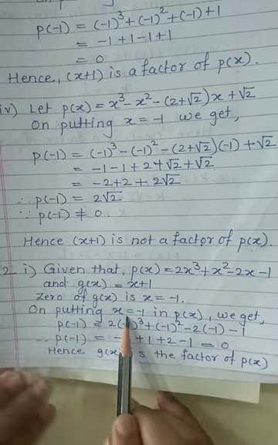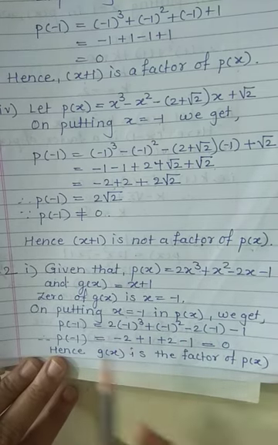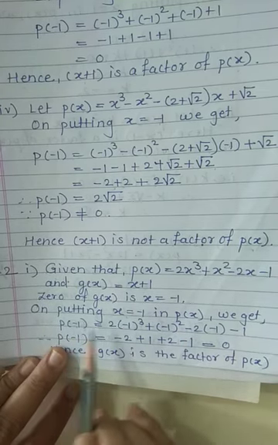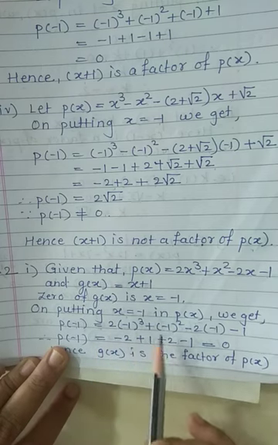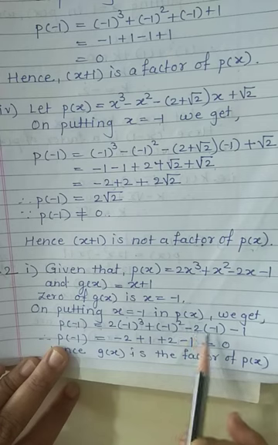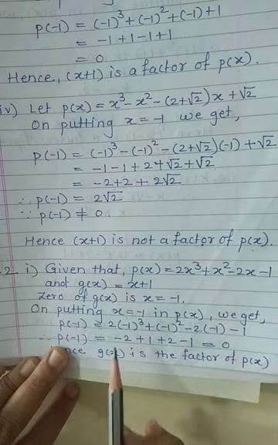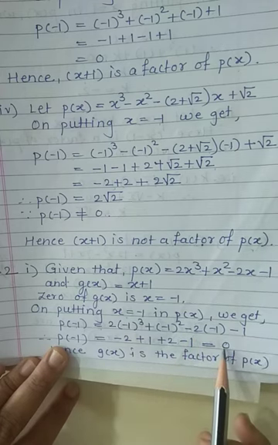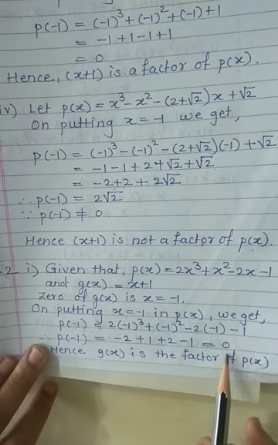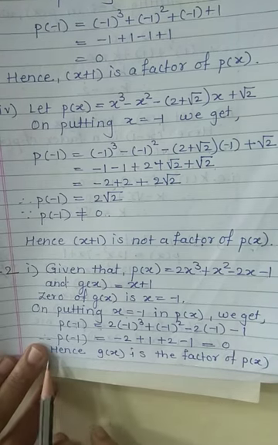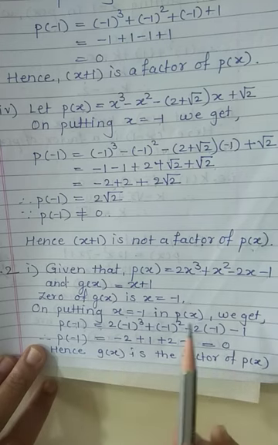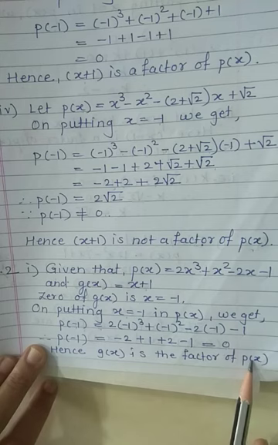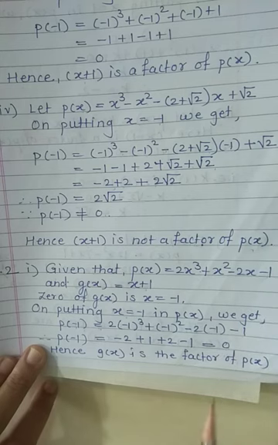On putting this x is equal to minus 1 in p of x, we get p of minus 1 is equal to 2 into bracket minus 1 cube plus minus 1 square minus 2 into minus 1 minus 1. This gives p of minus 1 is equal to 0. As p of minus 1 is equal to 0, g of x, that means x plus 1, is a factor of p of x. Again this is by the factor theorem.